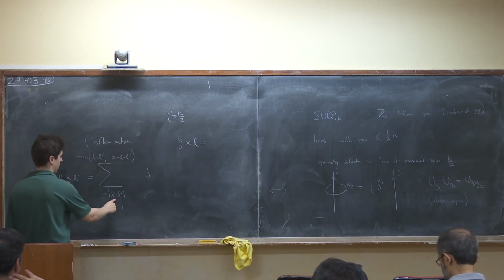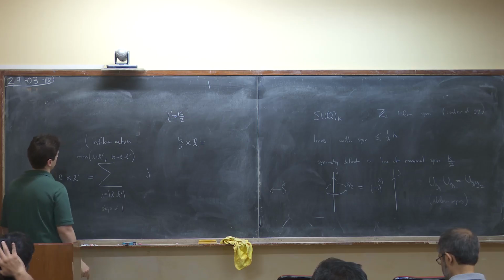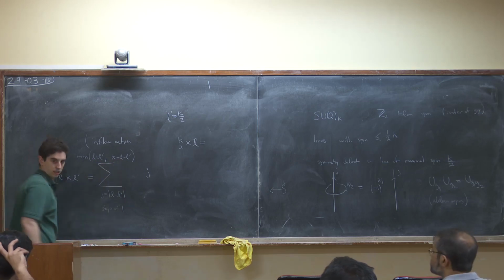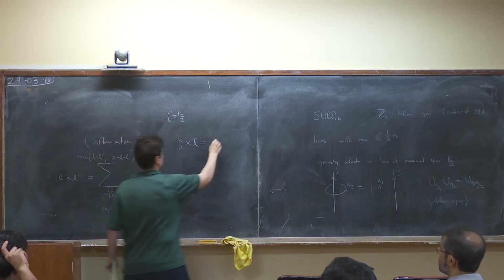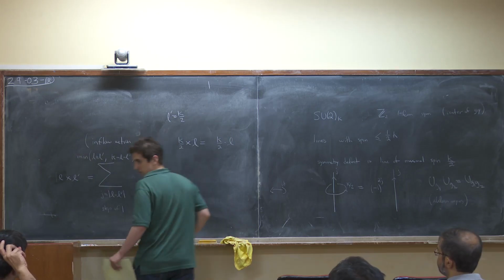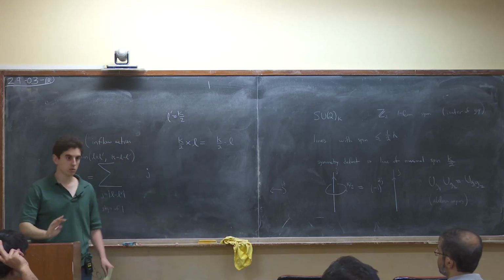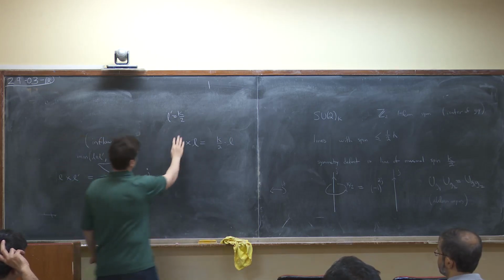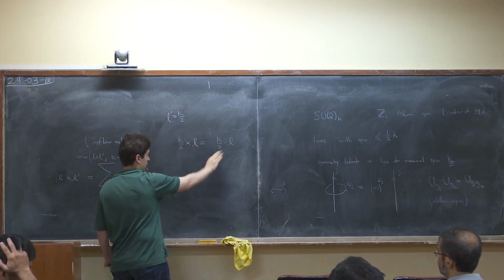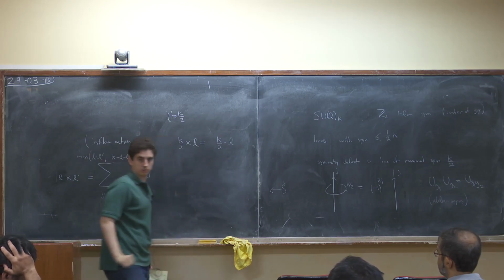J starts at K over 2 minus L. But the minimum here, so this is K over 2 plus L, but this is K over 2 minus L again. So this is equal to the single line K over 2 minus L. So this was the property that I meant. The one-form symmetry generator, fusion with any line in the theory, gives you a unique other line.